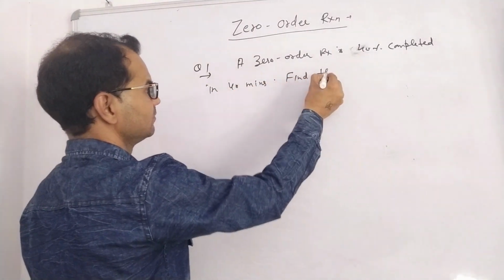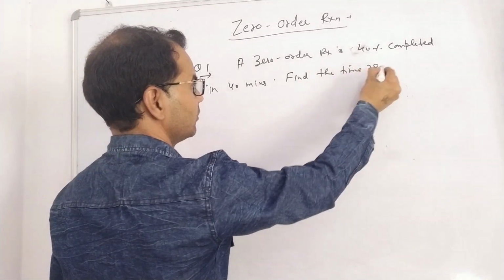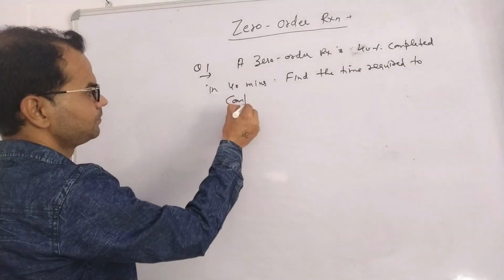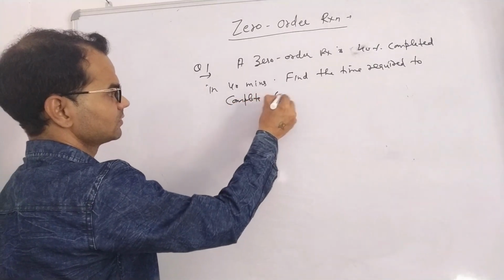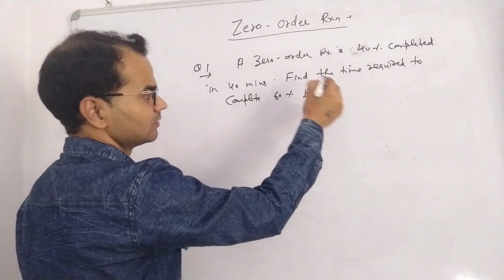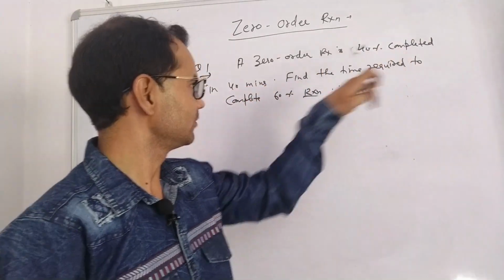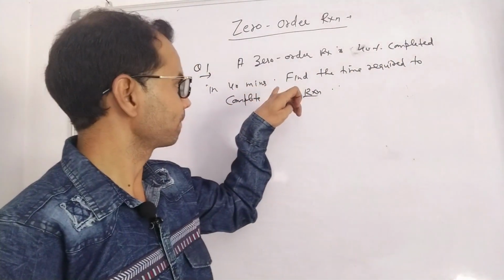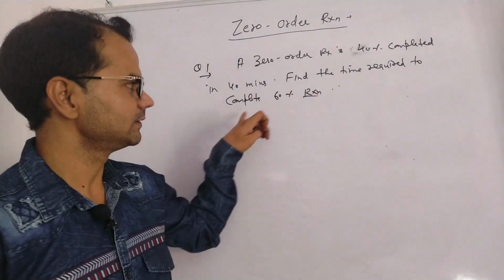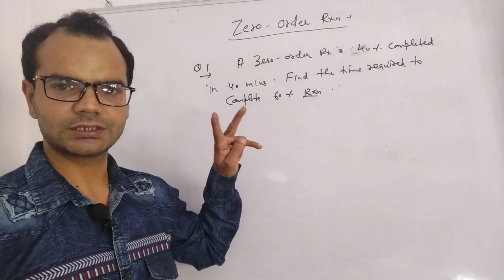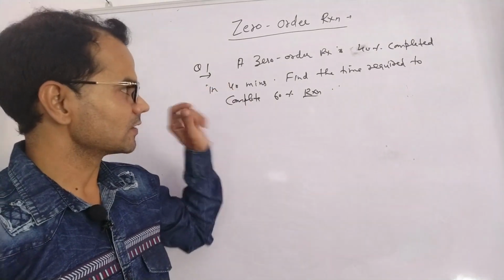Find the time required to complete 60% reaction. To solve this numerical, make two equations, divide them, and the answer will come.